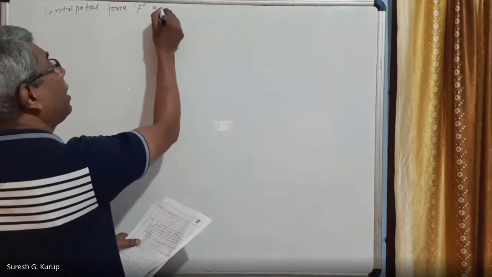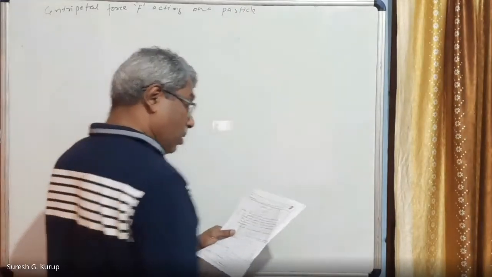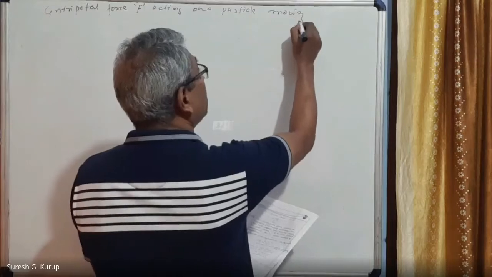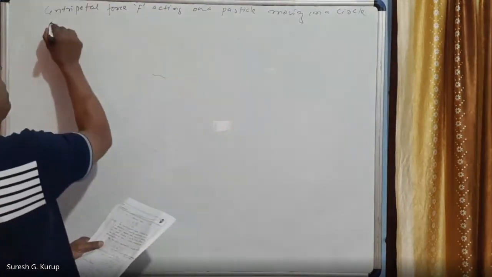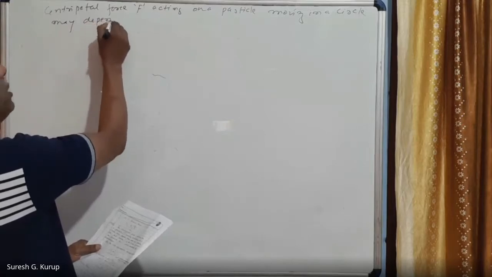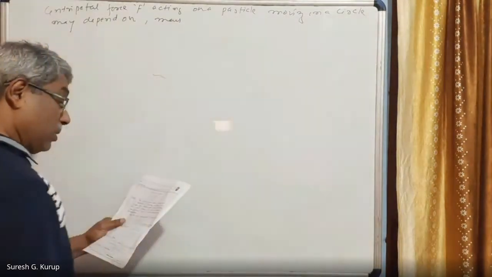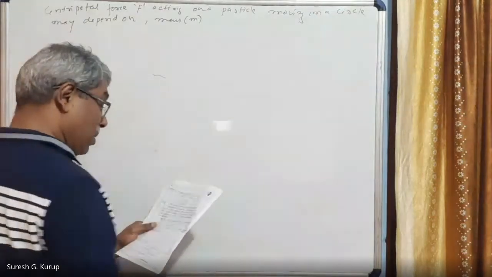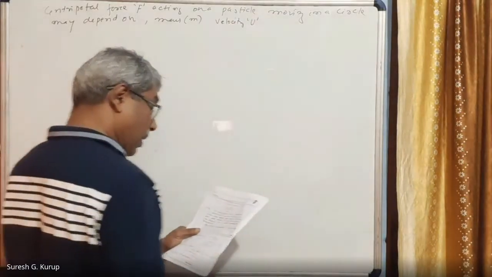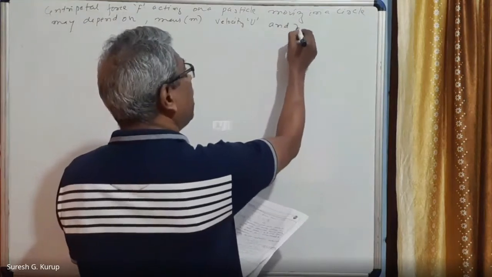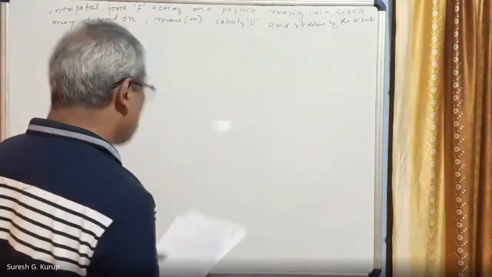Centripetal force, capital F, acting on a particle moving in a circle may depend on the conditions given. It depends on the mass m of the body, velocity v, and the radius of the circle. Derive the formula for centripetal force.